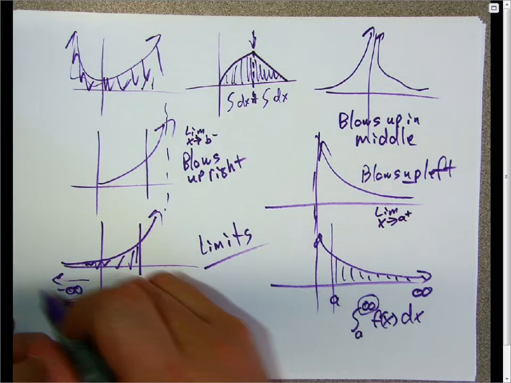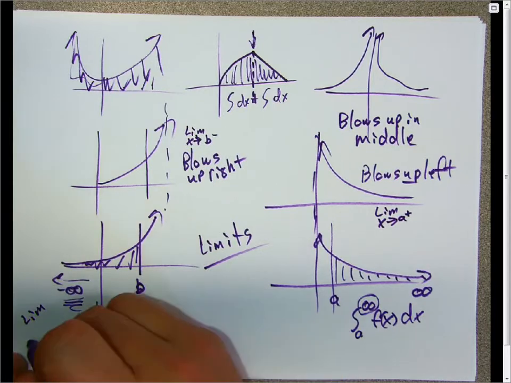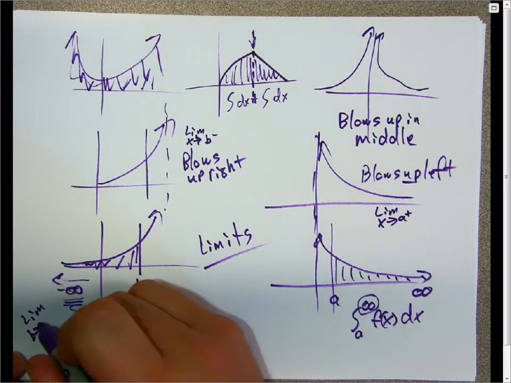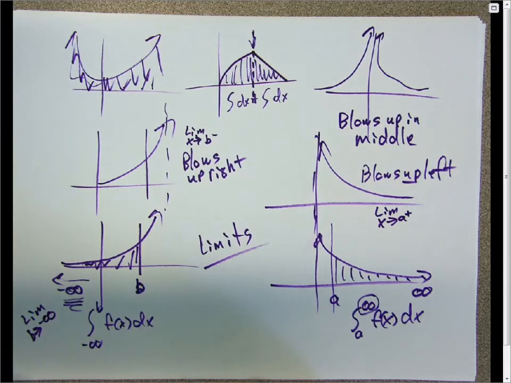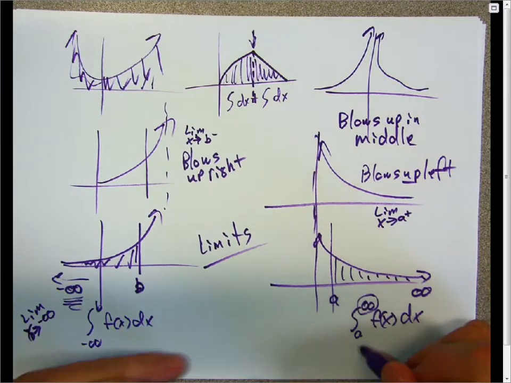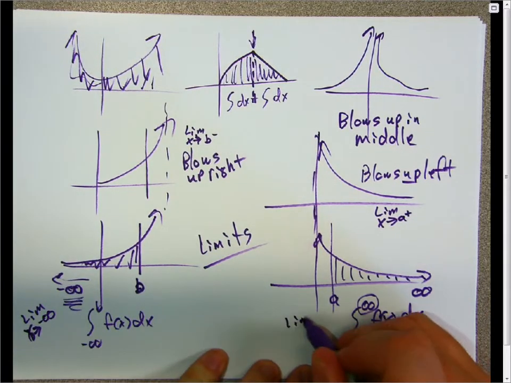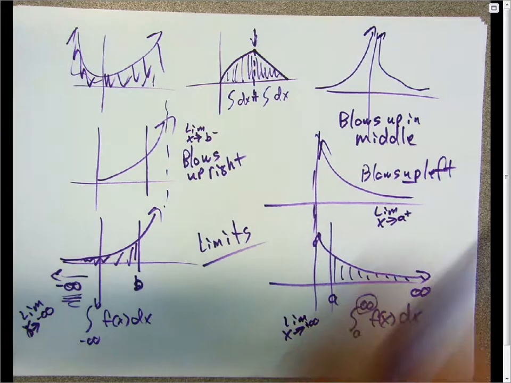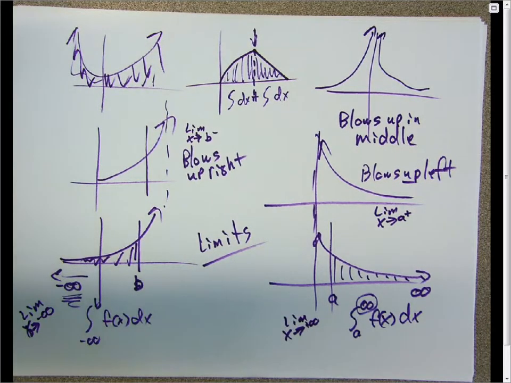Here, we're going to be using the limit as x approaches negative infinity. And over here, we're going to take the limit as x approaches positive infinity. So we're going to use limits to solve some of our various issues. Now there's more improper integrals than that, but let's start there.